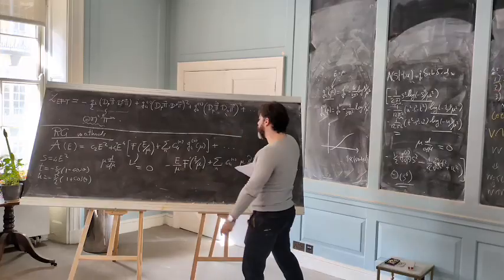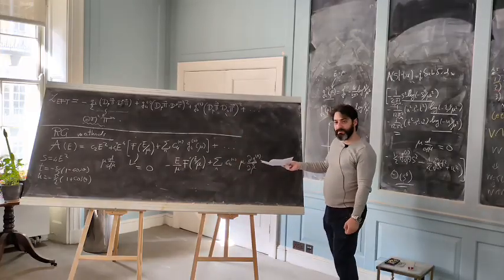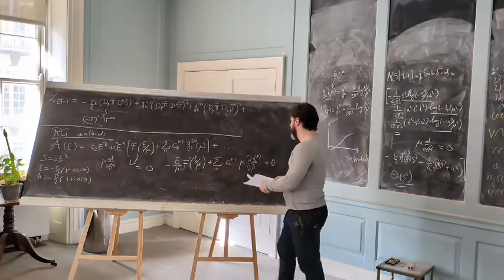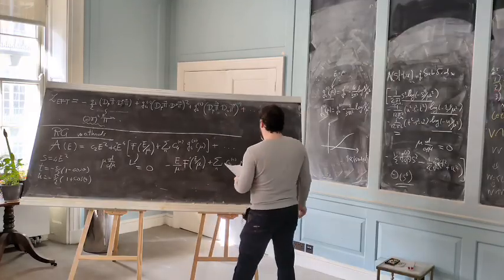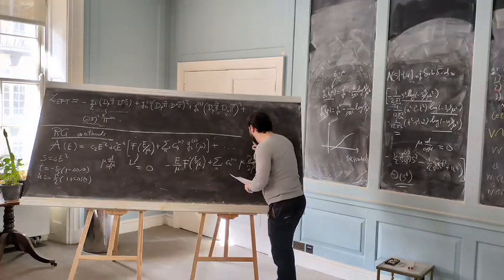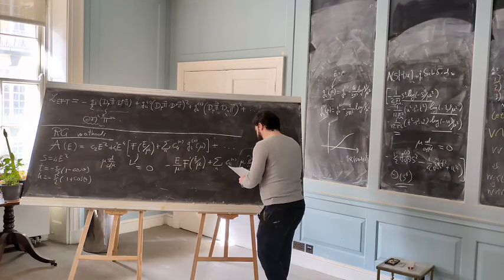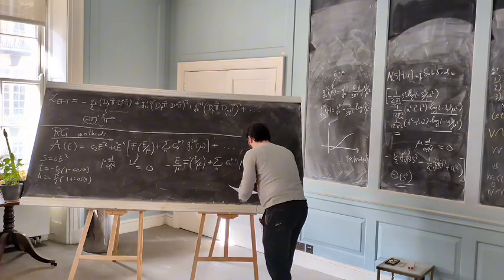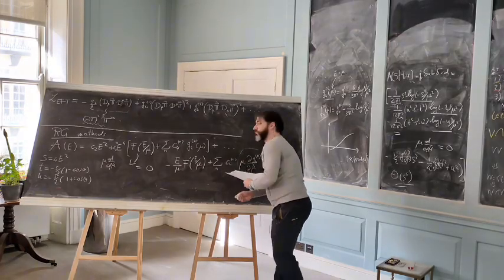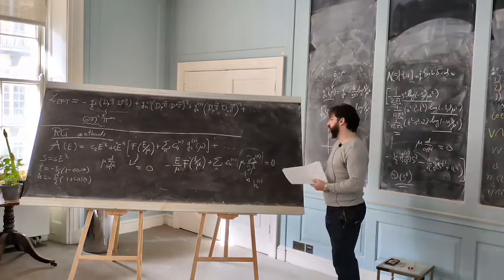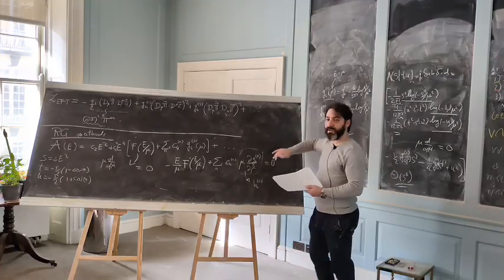Now, this has to be true for any angle, for any energy. So in particular, for this to be 0, one simple condition that one can impose is that this derivative is just a constant, because you want this expression to be valid for any angle and any energy.